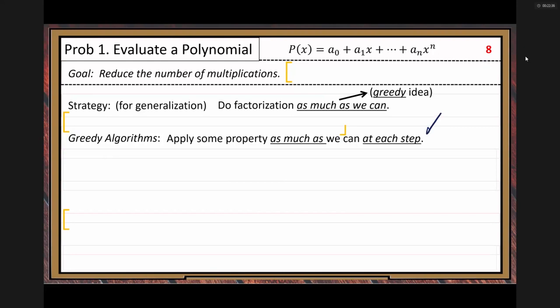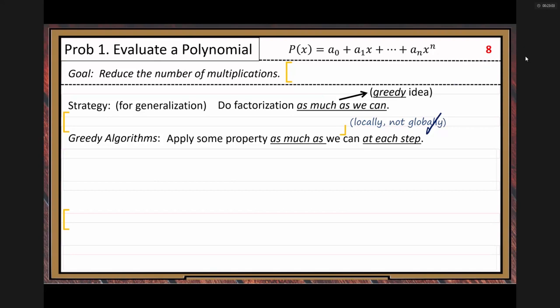Let me explain why. Each step, we treat it as a local application of the greedy algorithm, because it is only one step. You do not look at other steps. You only focus on the current step. That's a local focus, right? You work locally. What's globally? You consider all steps.